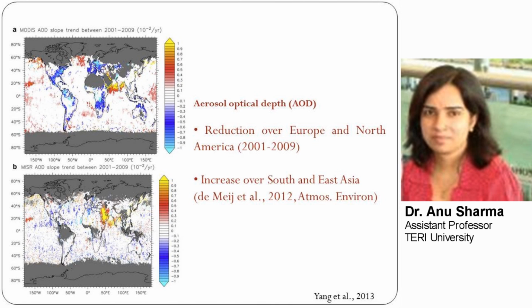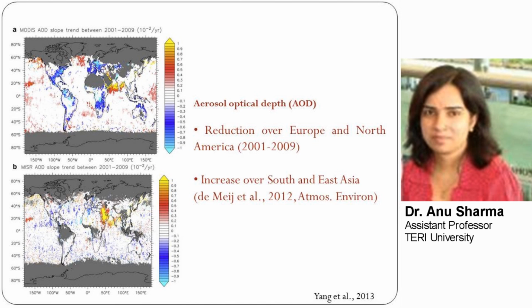They analyzed aerosol climatology during a period of 8 years, and they said there is a reduction over Europe and North America, but over India, South and mostly East Asia, aerosol load has highly increased. This could be related to many more phenomena. For example, now people are talking about solar dimming, right? So all this could be correlated.